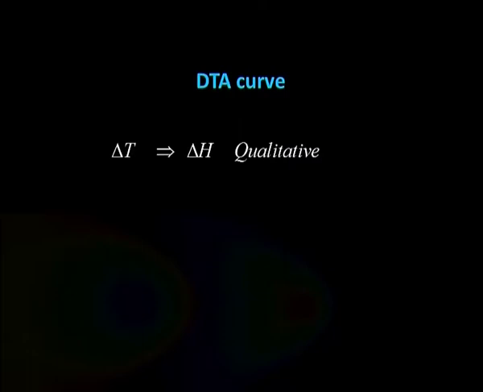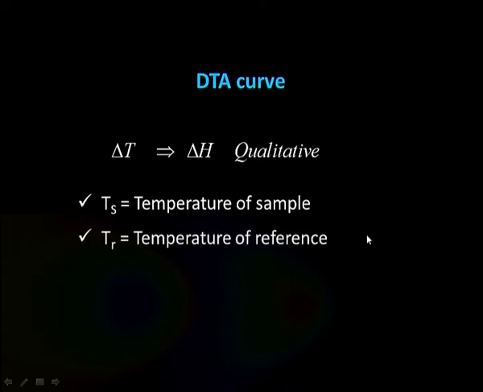Here we are writing delta T is also equal to delta H, that is qualitative, where Ts, as I told you, is the temperature of sample and Tr is the temperature of reference. The shape and the size of the peak gives us an idea about the nature of the test sample.